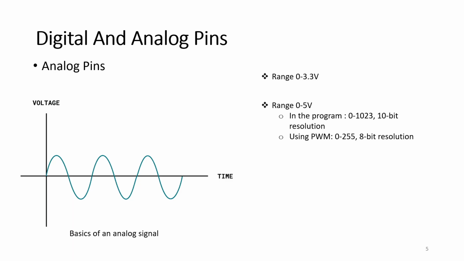If, for example, we use a potentiometer, which is an analog component used to change the resistance of a circuit, we can manually adjust this range from 0 to 5 volts. In a program, this is represented in a range of 0 to 1023, which is a 10-bit resolution. If we want an analog signal using pulse width modulation, PWM, we can use a range between 0 and 255 as we are using an 8-bit resolution.